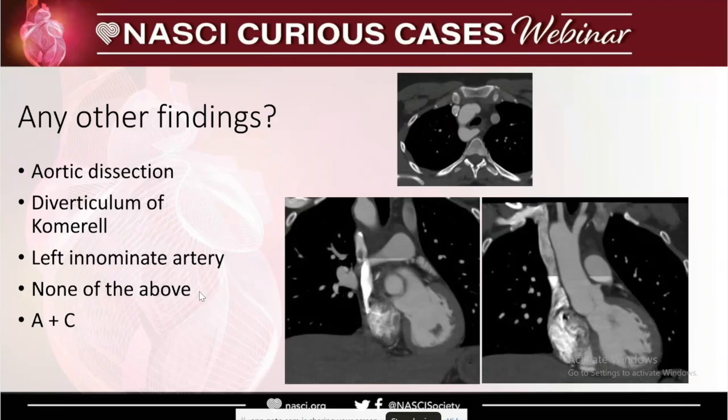And this time you have a few pictures. So the other findings that we can see are aortic dissection, the diverticulum of Kommerell, left innominate artery, none of the above, or A plus C. A few minutes.